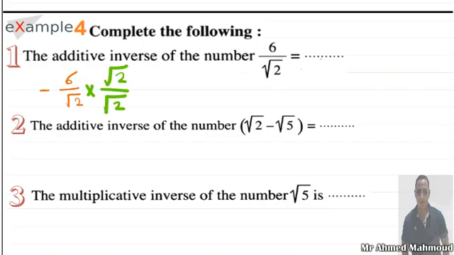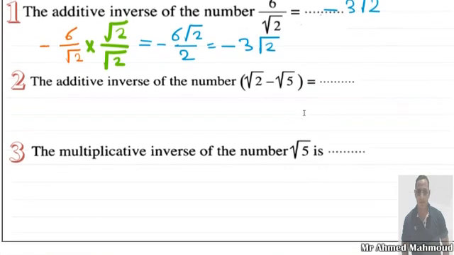It will be negative 6 times root 2 equals 6 square root 2. Root 2 times root 2 equals 2. Then I'm going to divide 6 by 2 equals 3. It will be negative 3 square root 2. Then the final answer here is negative 3 square root 2. Don't forget, you have to write this in the simplest form.